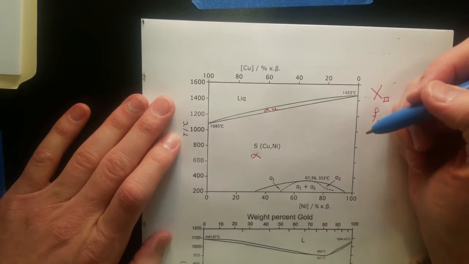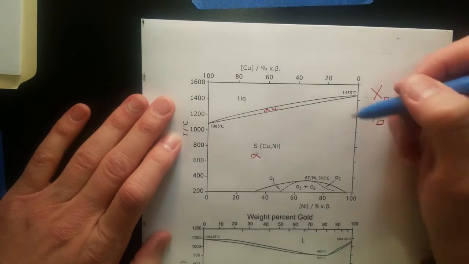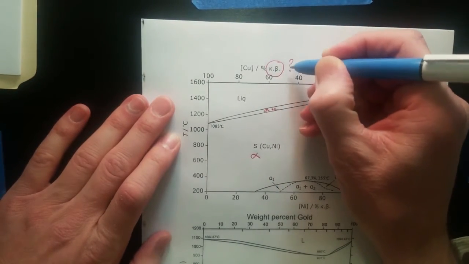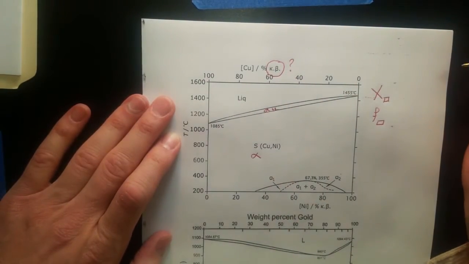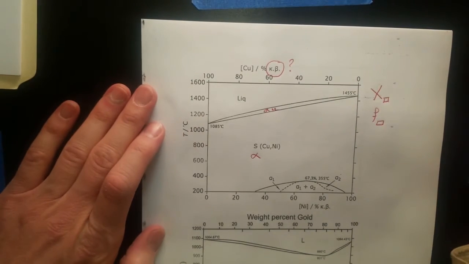I made this sheet before I looked at it. I'm not entirely certain what kappa beta means. So this is something that to really understand, we'd have to go back and look in the text.